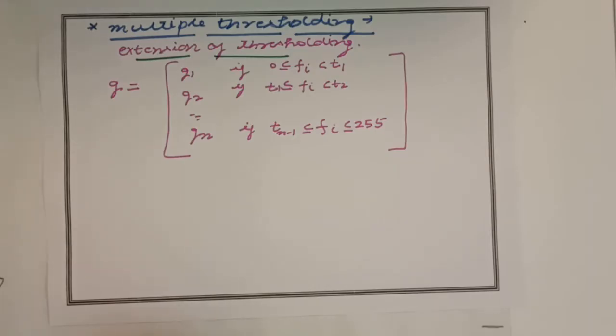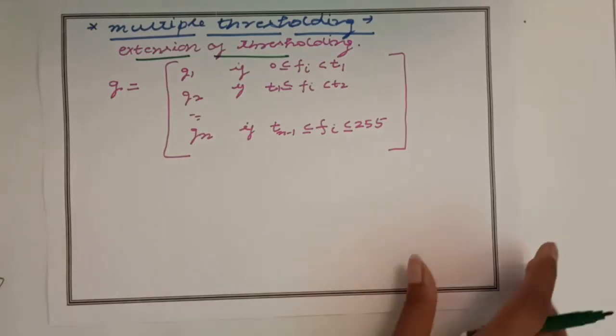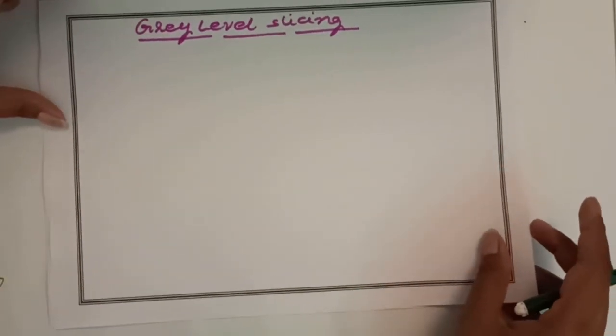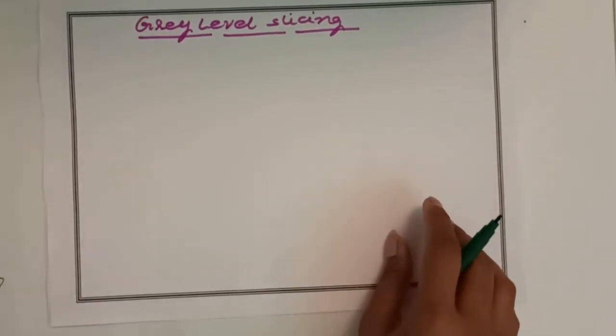Next is the case of gray level slicing. As I have told you, there are three types of cases. The first you have already studied. Now let us begin with gray level slicing. What is gray level slicing?